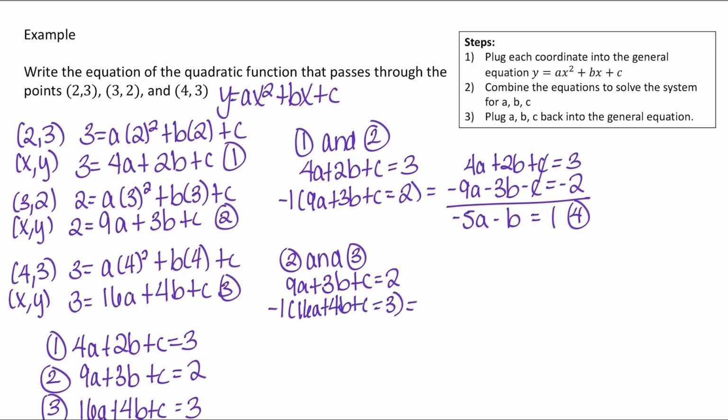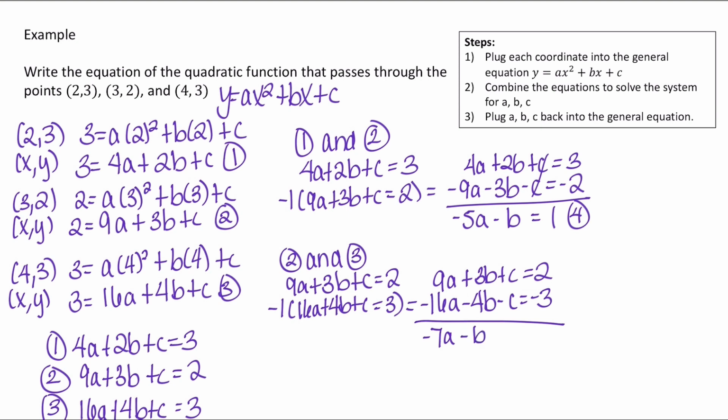So that gives me the new equation, -16a minus 4b minus c equals -3. Then I'm going to add the top equation, 9a plus 3b plus c equals 2. So when I add these two equations together, I get -7a, 3b minus 4b is minus b, plus c and minus c cancel, and then I have that equal to -1. That is now equation number 5.